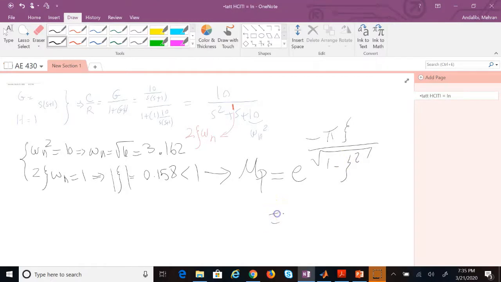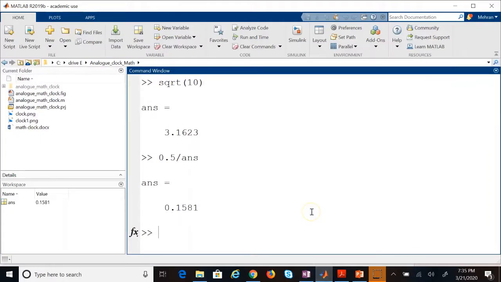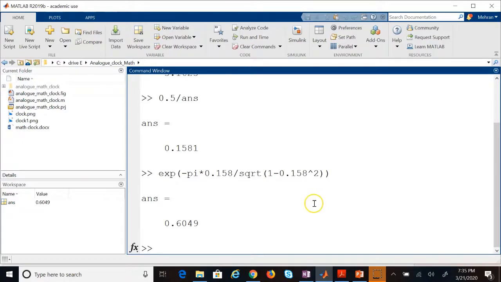So exponential of negative pi times zeta divided by square root of 1 minus zeta squared, the whole thing exponential, 0.605.